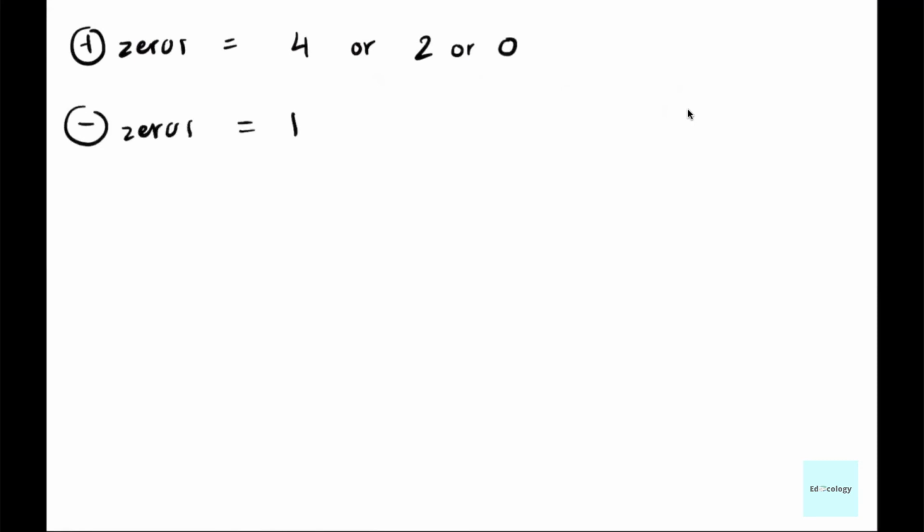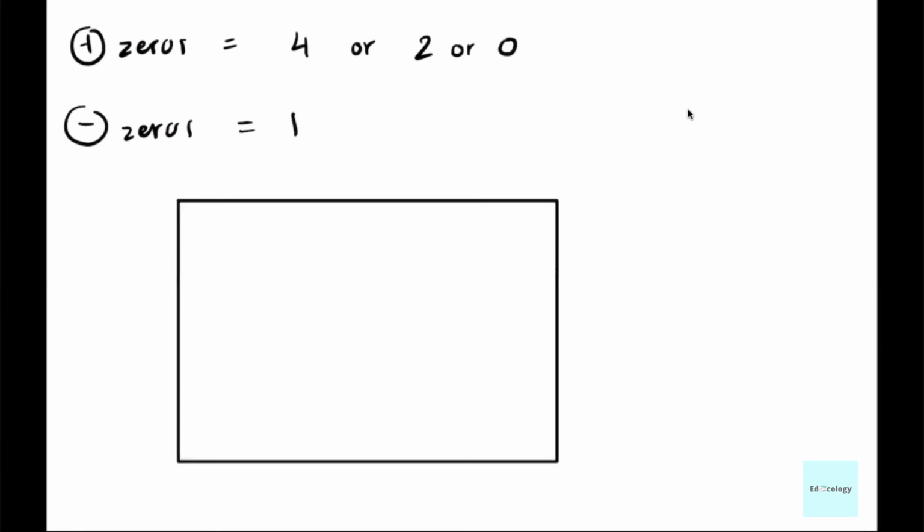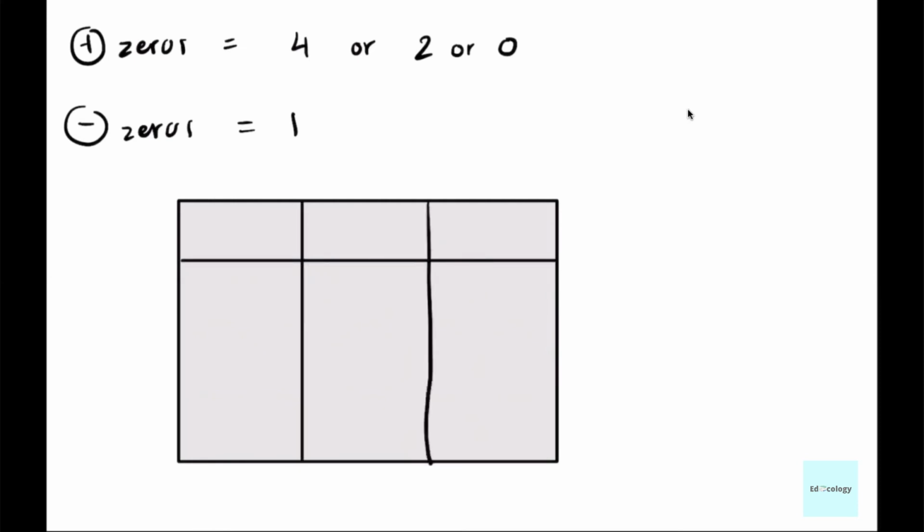Now we're going to use a table that looks something like this. So here will be the positive, here will be the negative, and the last one will be the imaginary. So here, the imaginary. Here is the negative, and here are the positive.